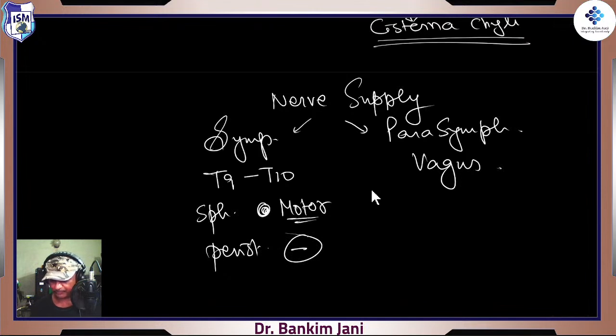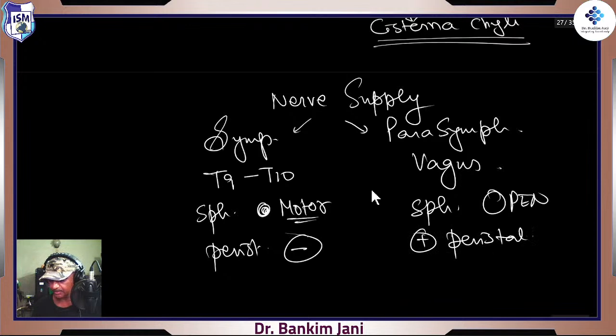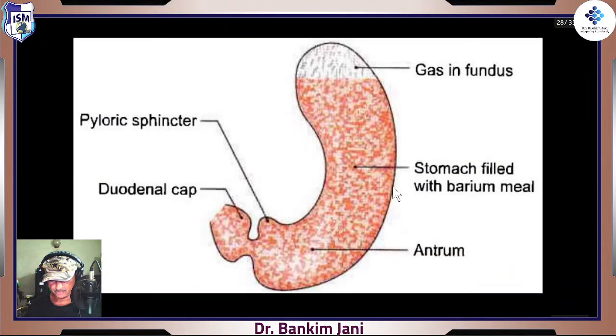In case of the vagus, it will do just the opposite. It will inhibit the sphincter, meaning the sphincter would be open so that the process can continue, and the peristalsis would be stimulated. So that's how the nerve supply would go.